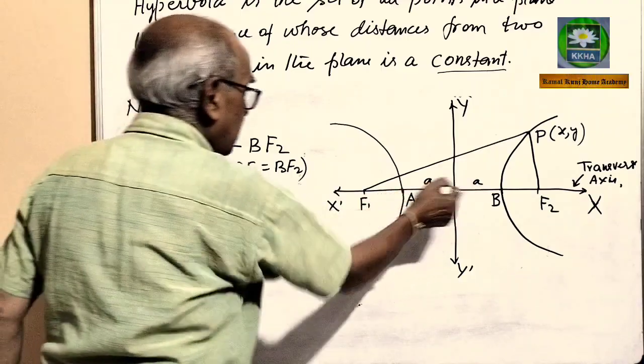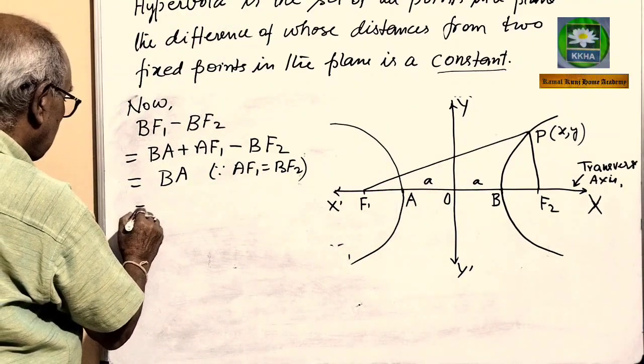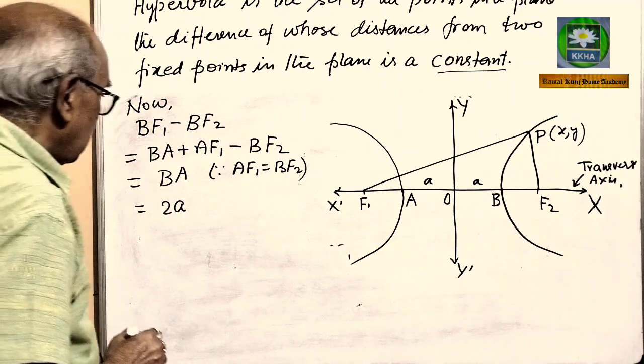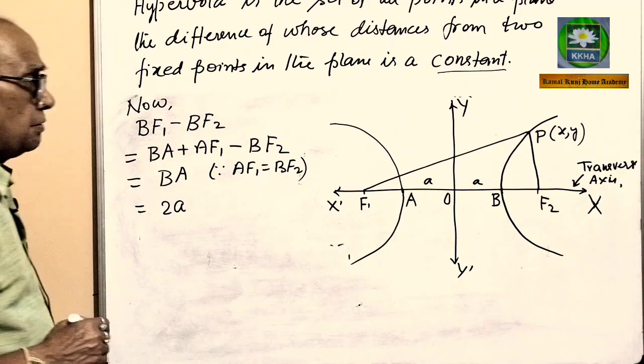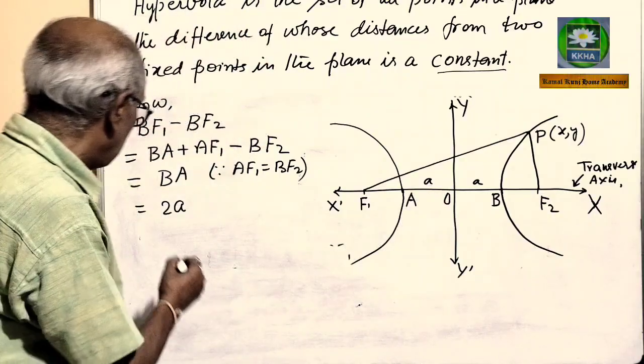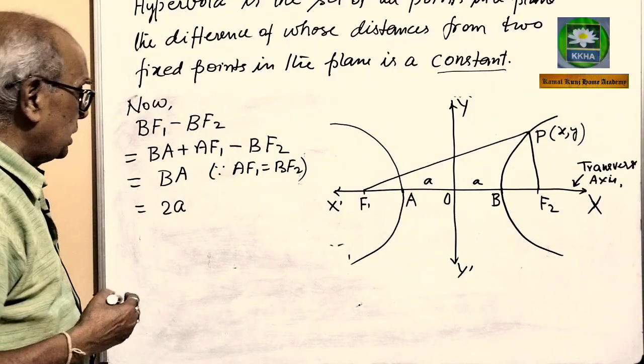And BA is 2A. So this is equal to 2A. So the difference between the distances of the point from the two foci is equal to 2A, which is a constant.